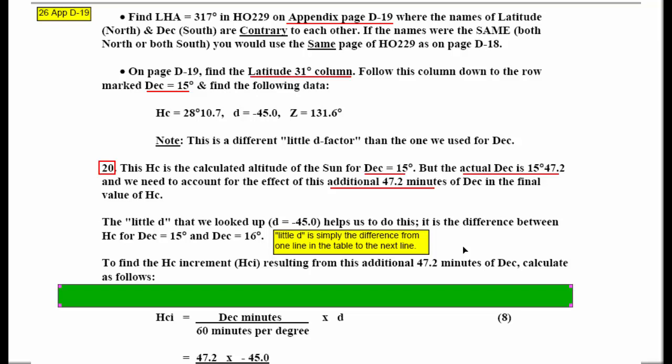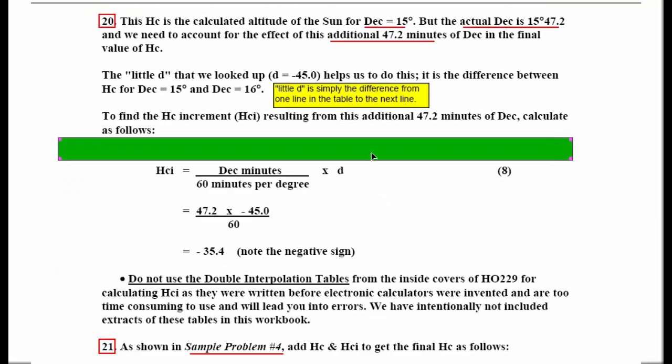And to find the HC increment resulting from this additional 47.2 minutes of declination, calculate as follows.